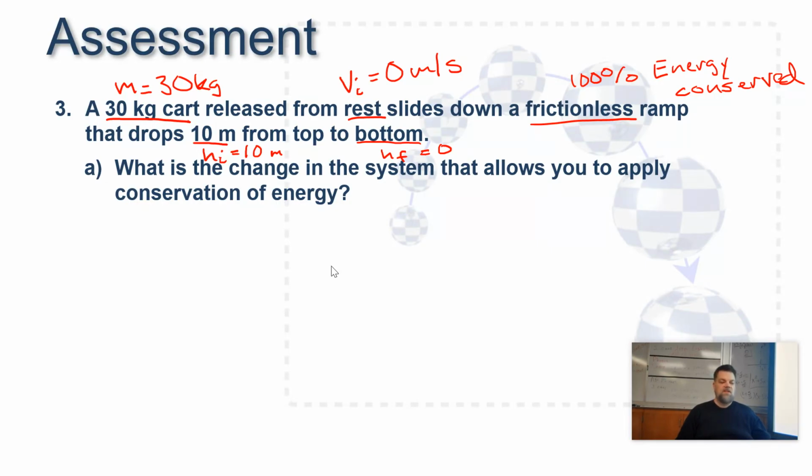So what do you think it is? Well, there's a change that occurs for sure, right? It starts at rest, and then it falls. So then it starts to move, right? So you could say that it goes from potential to kinetic. That's one possible solution.